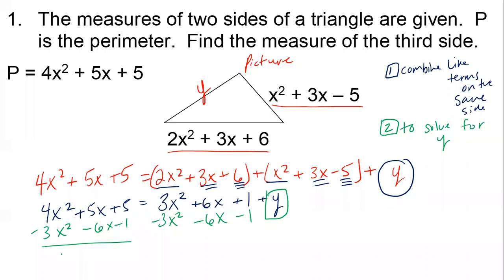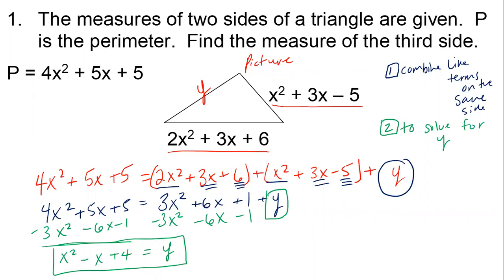So that leaves me with 1x squared minus x plus 4 equals y, my unknown side. What are your questions so far? Okay.